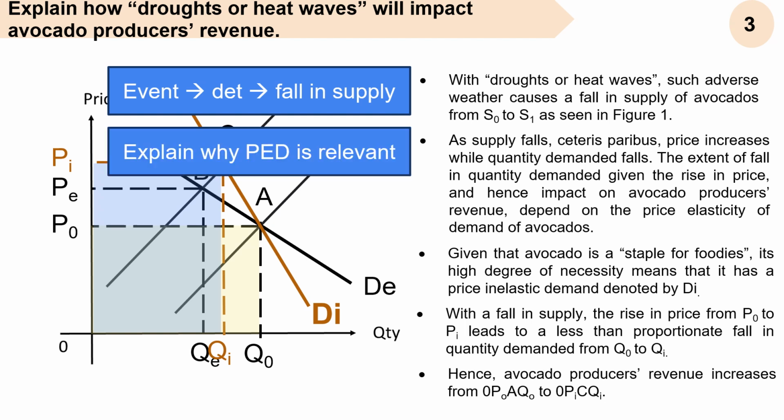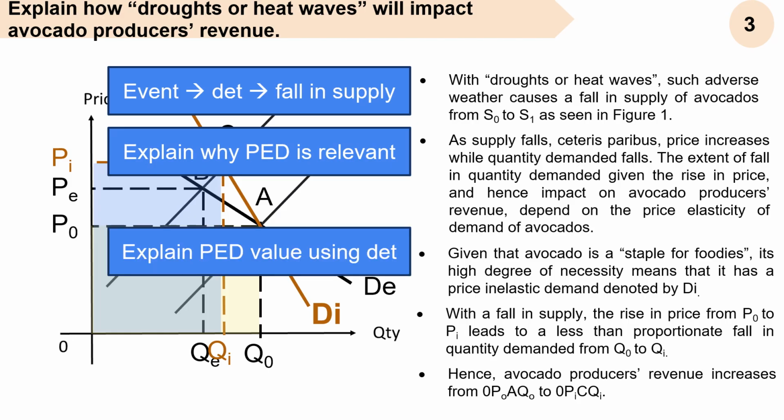And then you explain why PED is relevant in this case. And then you explain the PED value using the determinant. So if you tell me PED is less than 1, you need to tell me which PED determinant you are going to use, and then you explain to me what this PED determinant is.